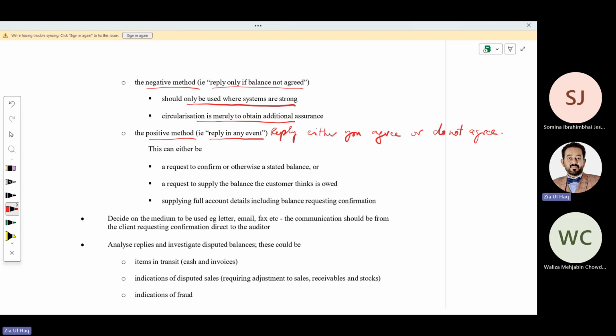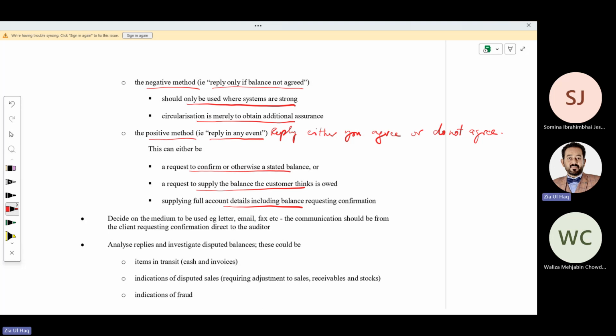But we should go for positive confirmation where the balance requested is material, the balance is not verified by other procedures, and the client control system is weak. In that case, we need to perform positive confirmation, the positive method of circularization.